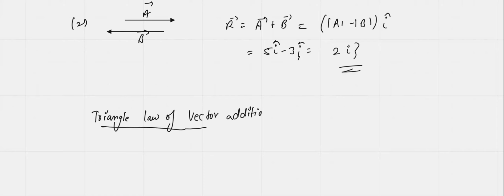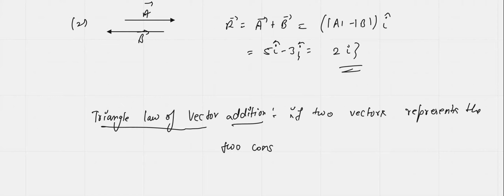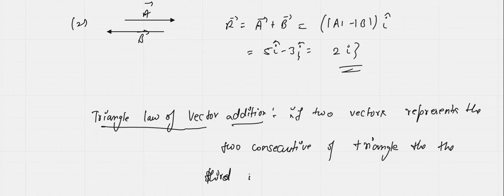It says that if two vectors represent two consecutive sides of a triangle, then the third side will be represented by the reverse of the resultant.